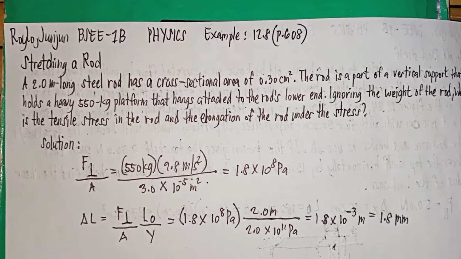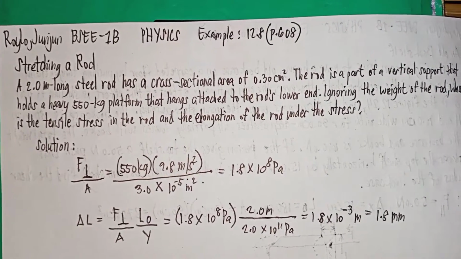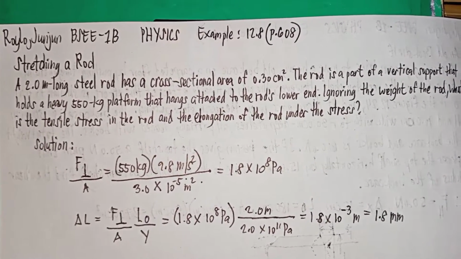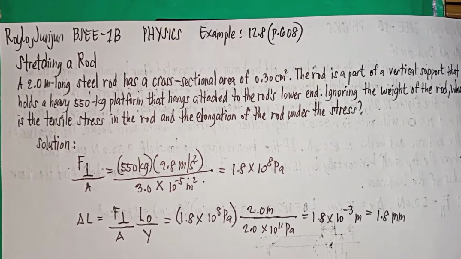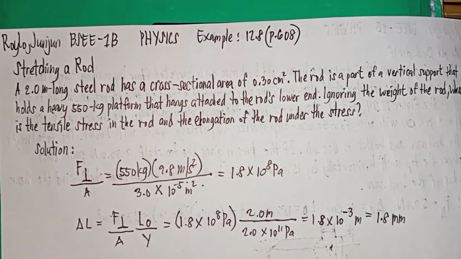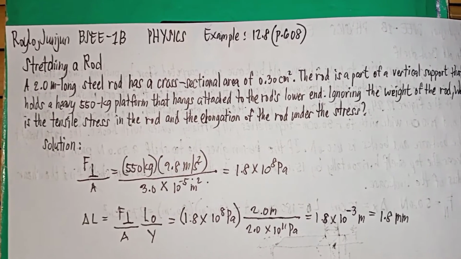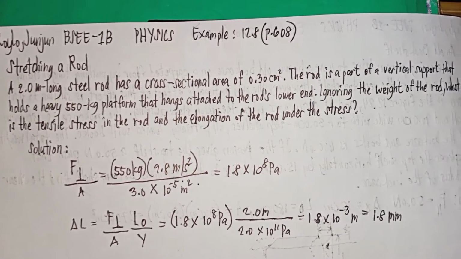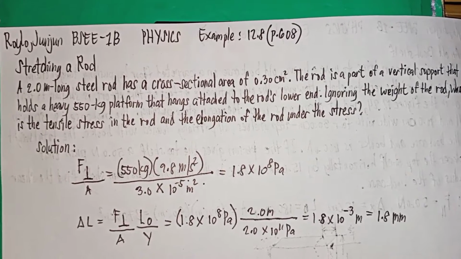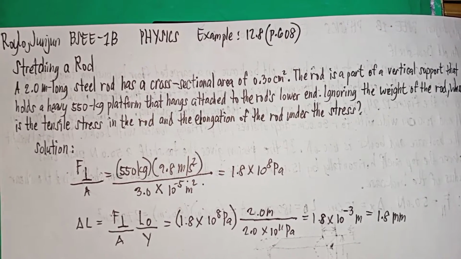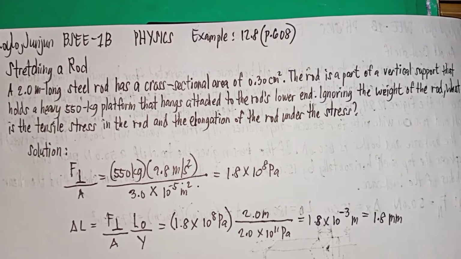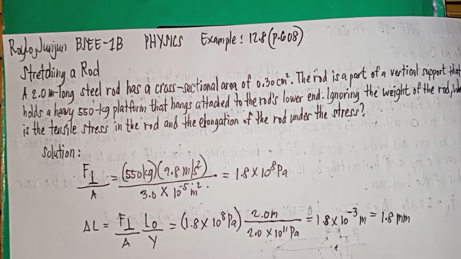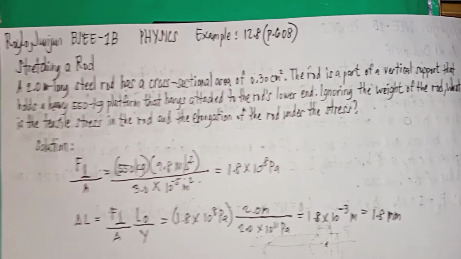Then ato i-invert sa equation sa Young's modulus in order to find the rod's elongation using the original length, which is 2 meters. And then gikan sa 12.1, Young's modulus for steel is Y equals 2 times 10 to the power of 11 pascals. So we proceed to solution.